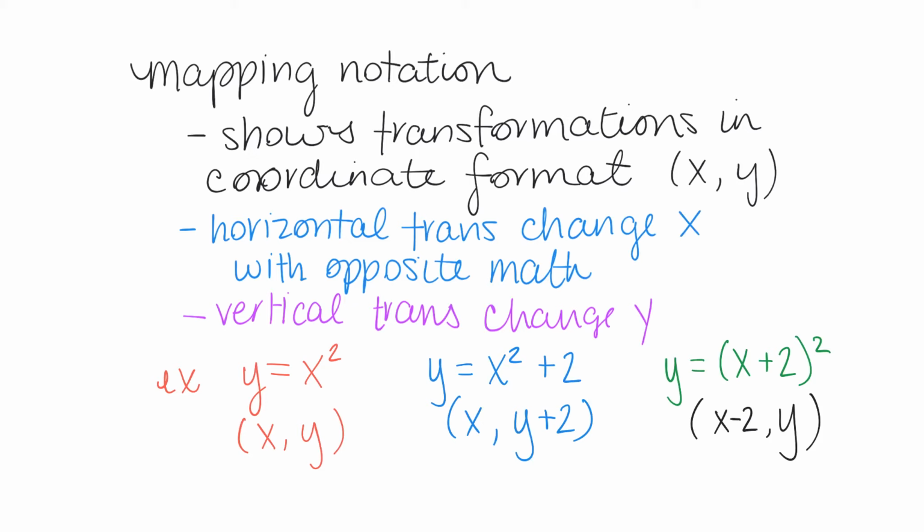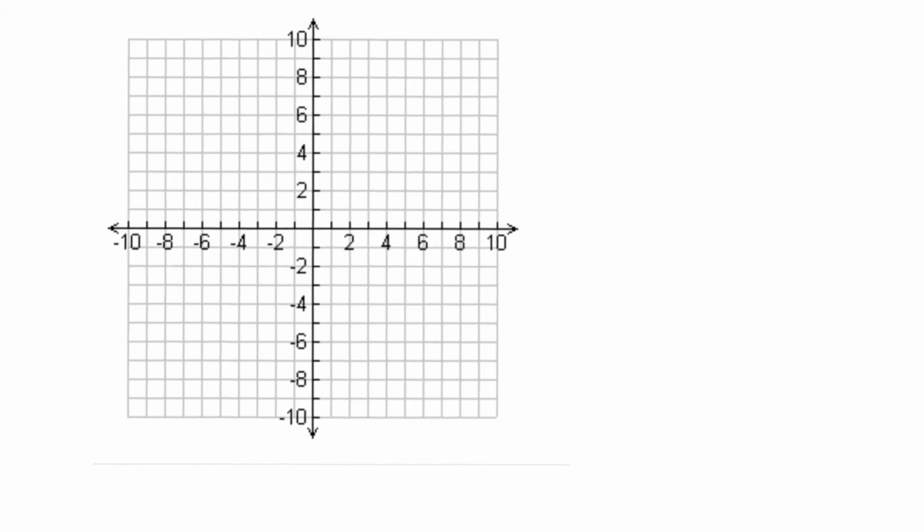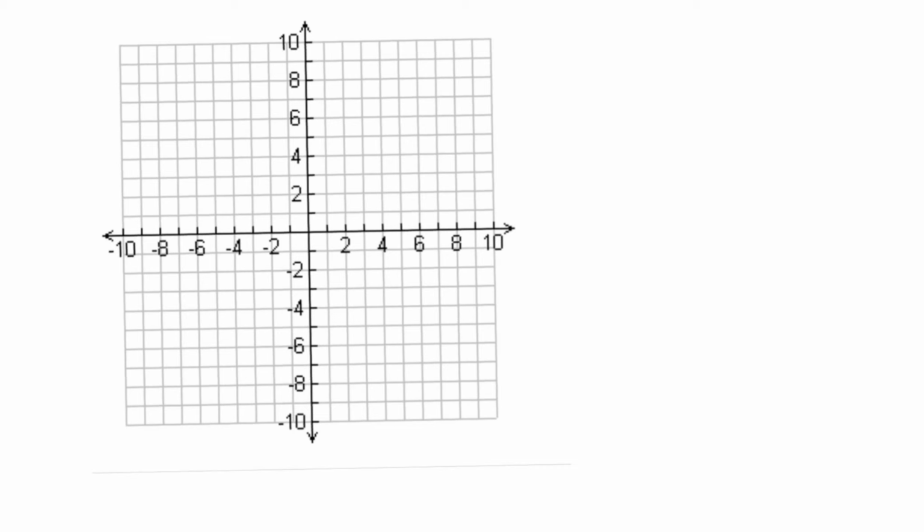So let's do a full example here. Let me get a graph, and I'll show you what I mean. Okay, so here's my graph. I'm going to go back to my friend, the triangle.